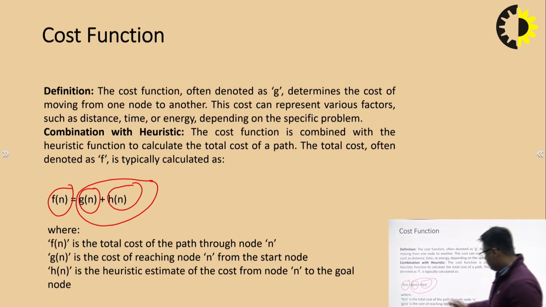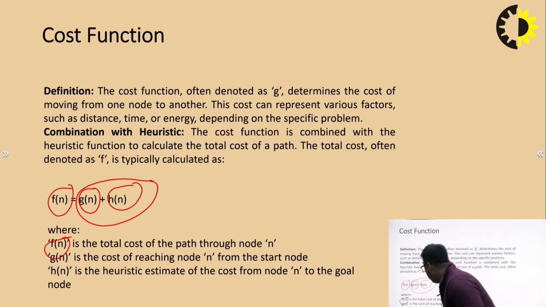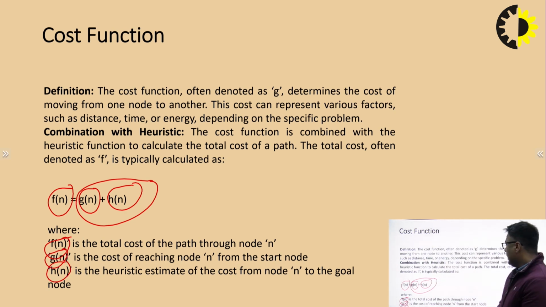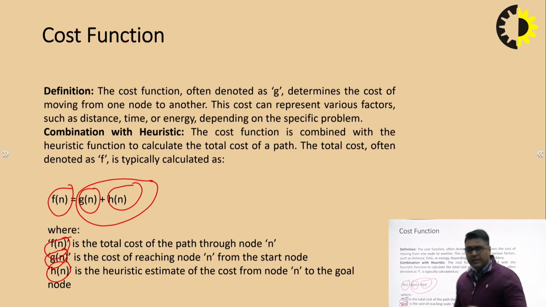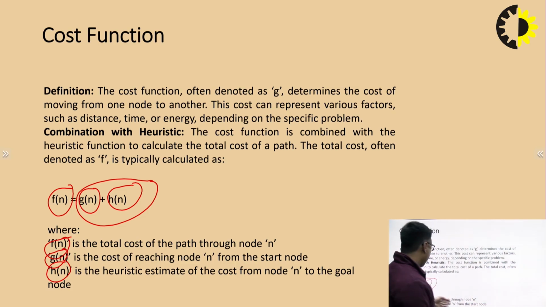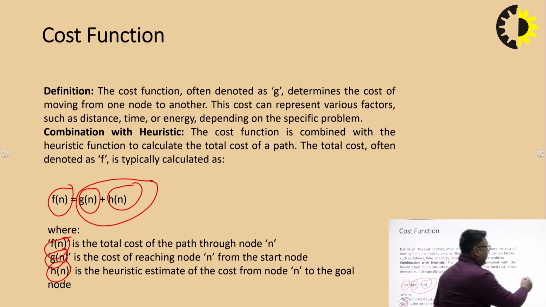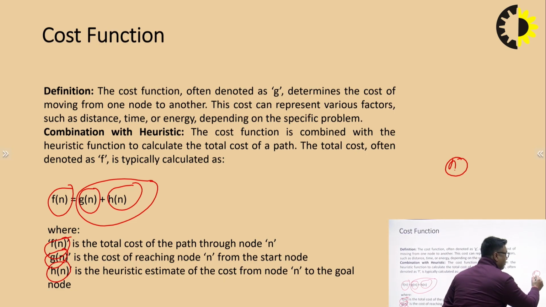Here I already described what Fn, Gn and Hn are. Fn is the total cost of the path through node n. Node n is the next node, that means there is a start node, the next node, and the goal node.